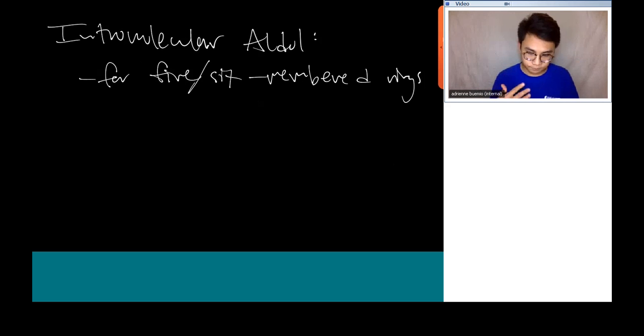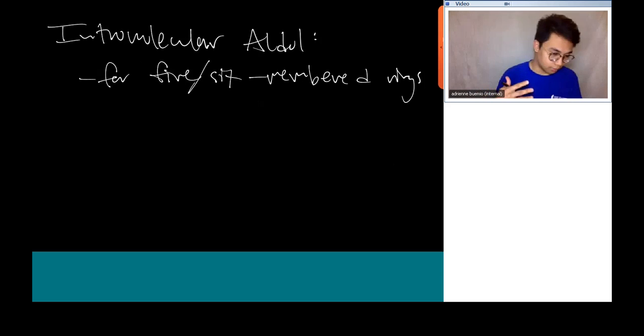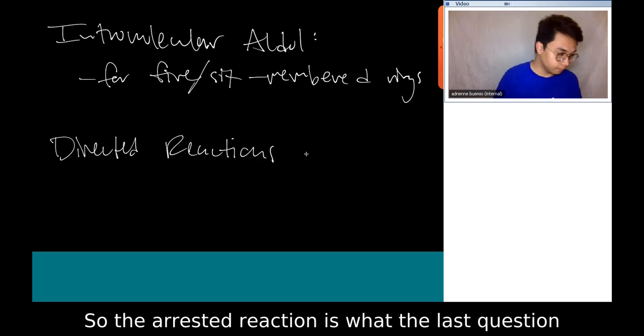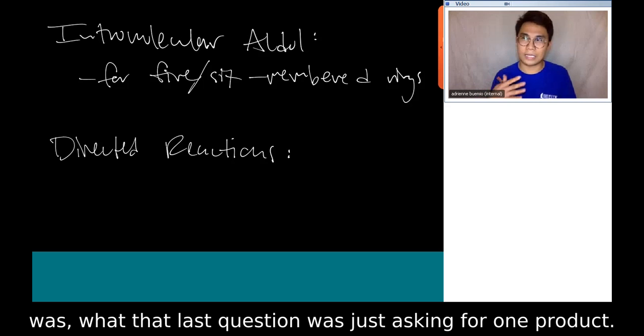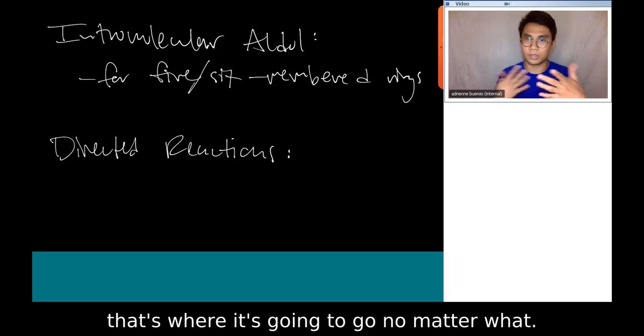So obviously for this one, like cyclopentane, cyclohexane, right? And then we have our last one, directed reactions. So directed reactions is kind of what the last question was, but that last question was just asking for one product. So obviously, if it has one alpha hydrogen, that's where it's going to go, no matter what.